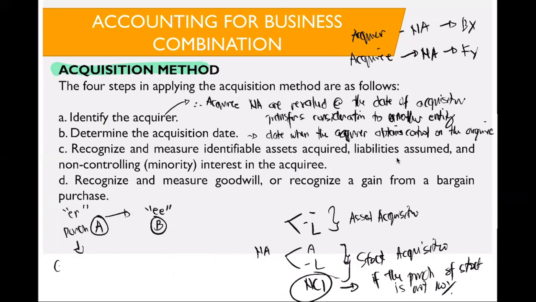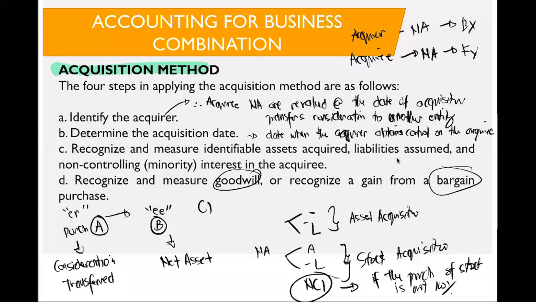So whatever is given to B on the purchase is known as your consideration transferred. And whatever is purchased in B is known as your net asset. So to know whether there is a goodwill or a bargain purchase, we compare the consideration transferred to the fair value of net assets acquired. Okay, so this is your net asset acquired. So A will purchase B. A is the acquirer. B is the acquiree.